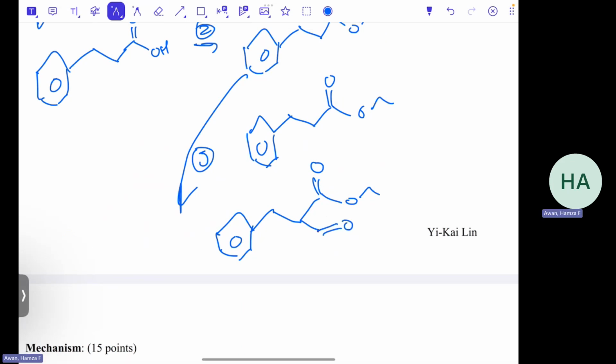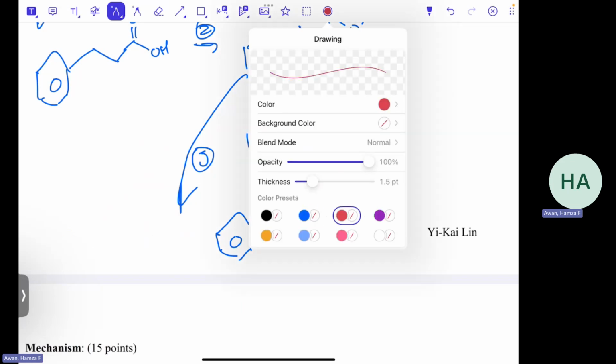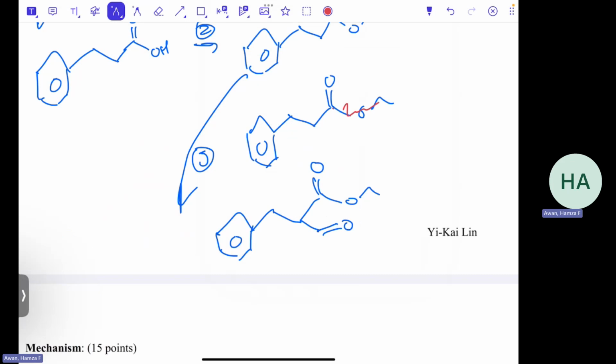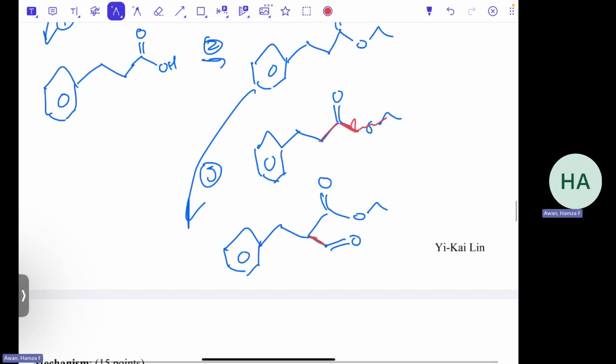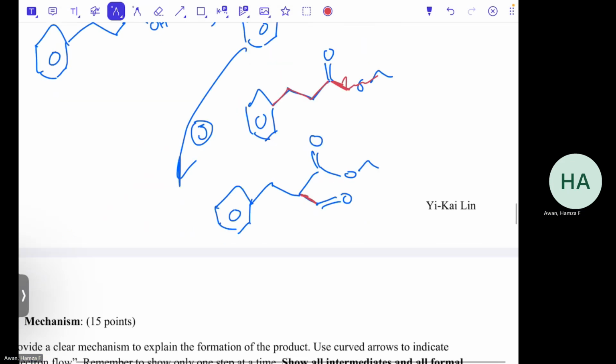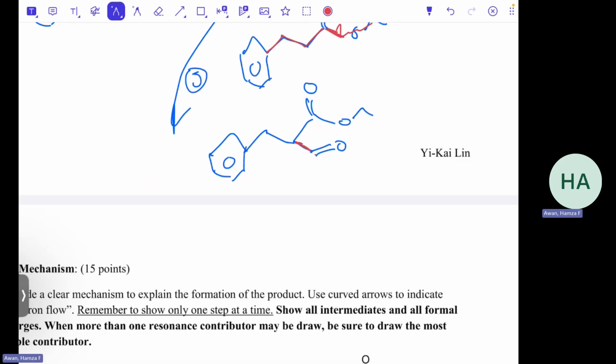Our ketone starts like this, and then we have 1, 2, 3 carbons, and then the benzyl group. So we can do 1, 2. Kind of running out of space, but bear with me.